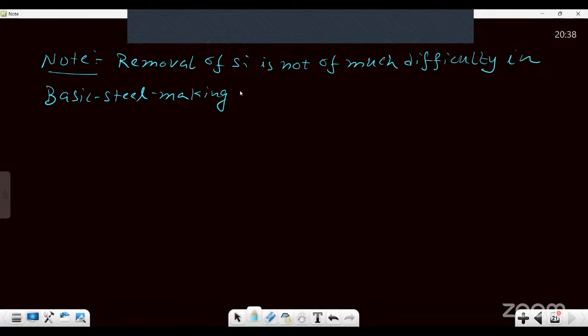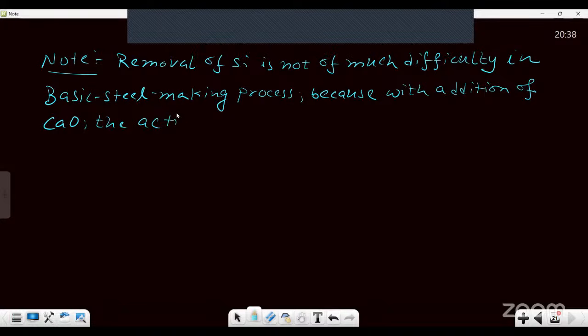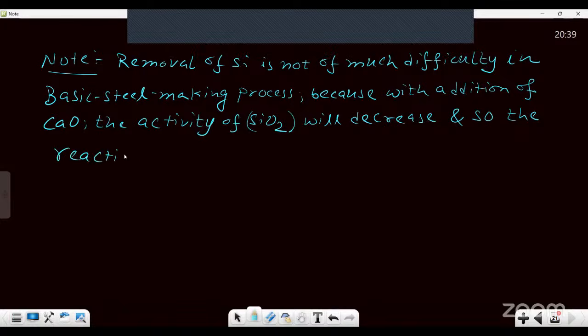Because with the addition of CaO, the activity of SiO2 will decrease, and so the reaction is driven in the forward direction. Which reaction am I talking about?